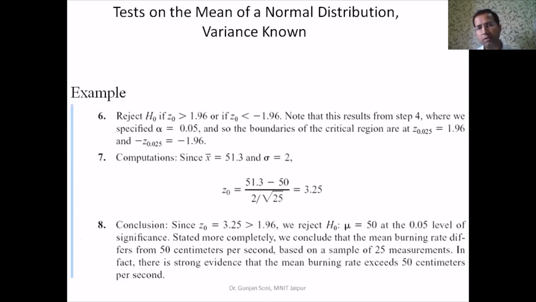Critical region represents that if my test statistic falls in the critical region, it basically means that my actual mean is very much different from the hypothesized mean with a given variation. So I cannot accept the null hypothesis. Hence, I have sufficient evidence to accept the alternate hypothesis. I hope you understand that.